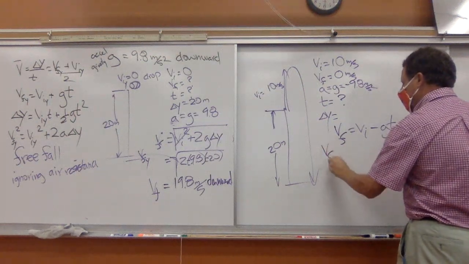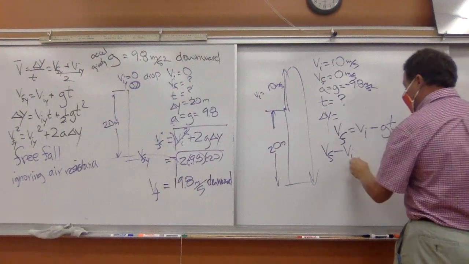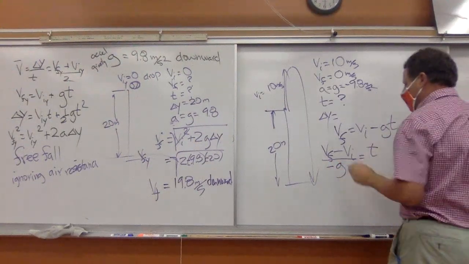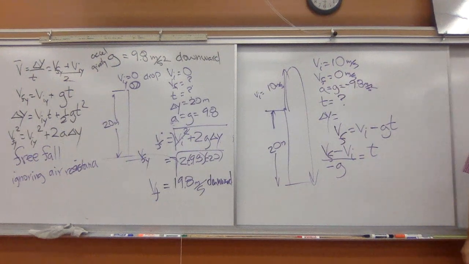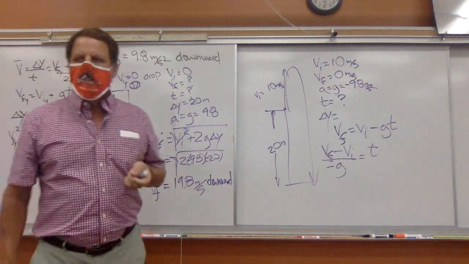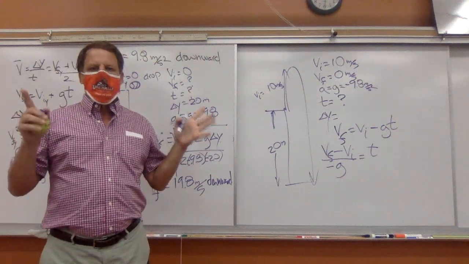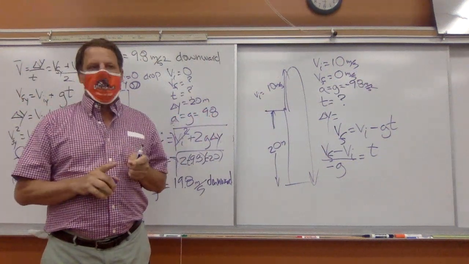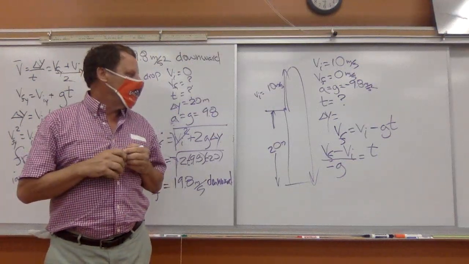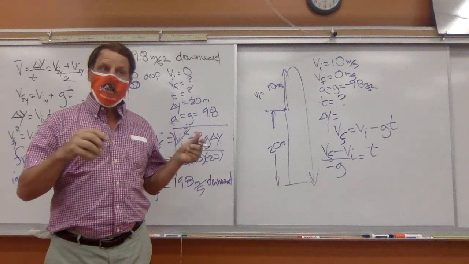So we're going to say v final minus v i over negative g is equal to t. Again, I mentioned this last time, you do all your algebra with your equations, and then it will make it a little bit easier so you don't make mistakes.